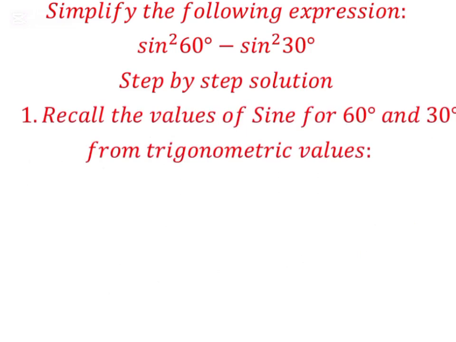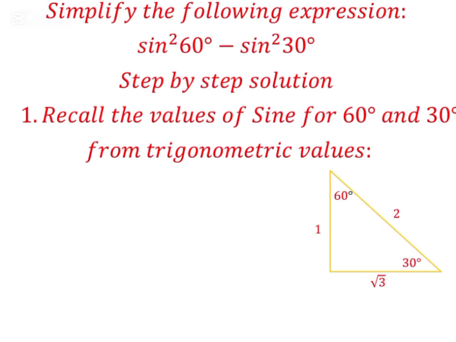Now the first thing we need to do is record the values of sin 60 degrees and sin 30 degrees from the trigonometric values. Using your trigonometric table, we derive the values for 60 degrees and 30 degrees. Using the triangle, this right-angle triangle was derived from a rectangle.